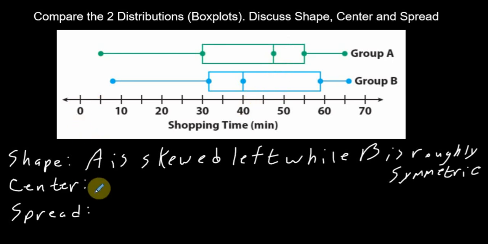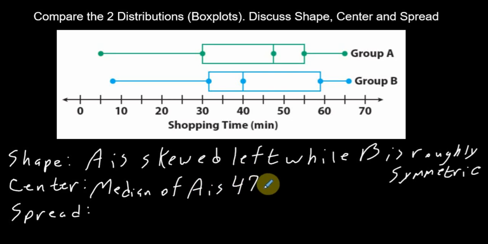So the median of group A is about 47, and the median of group B is about 40.